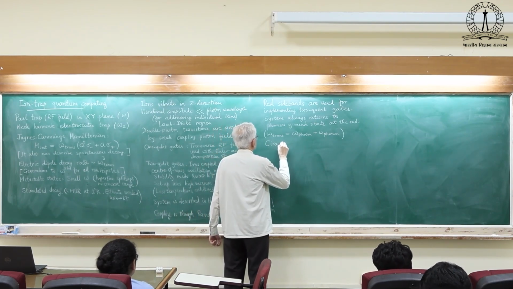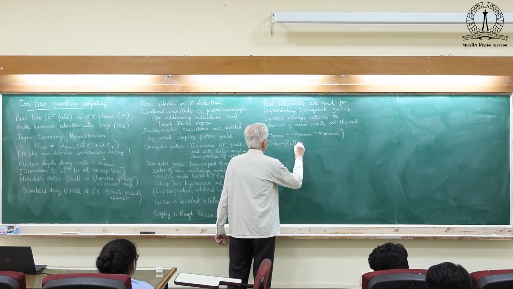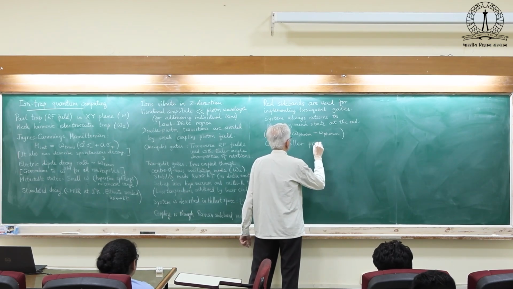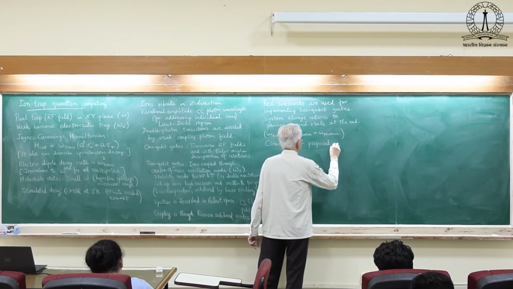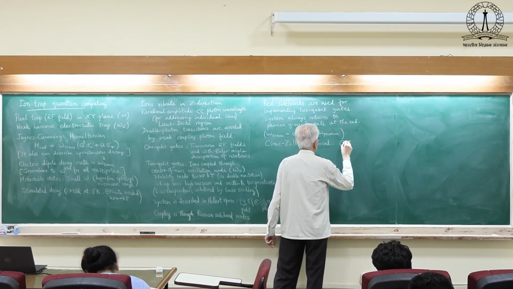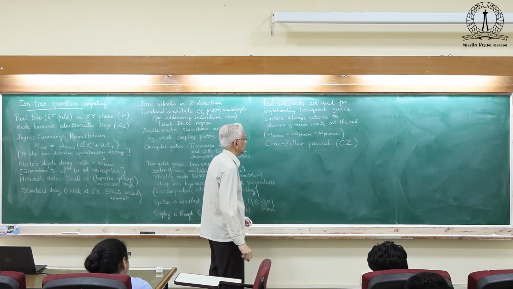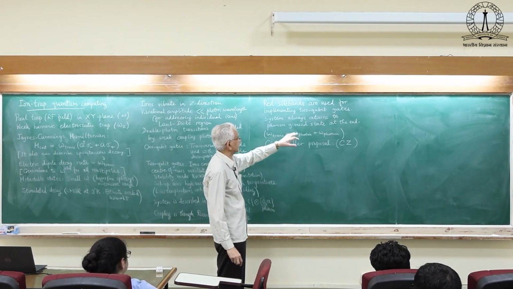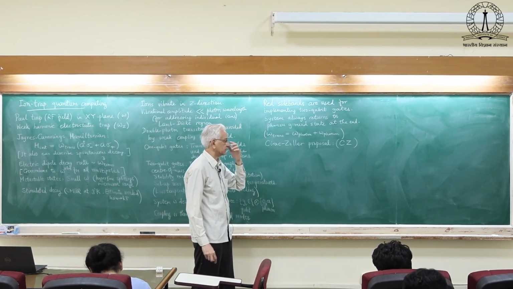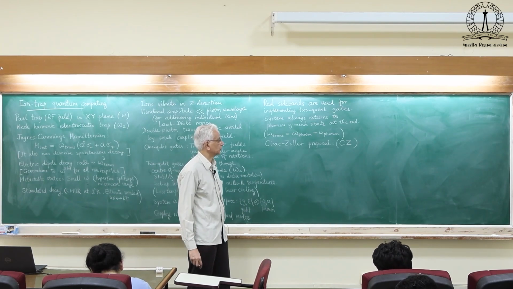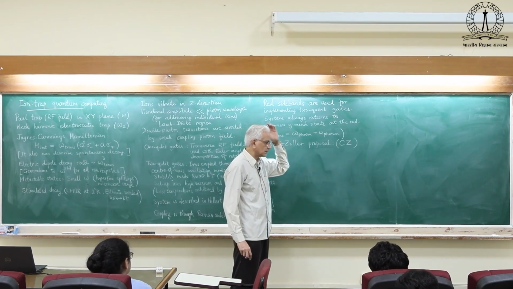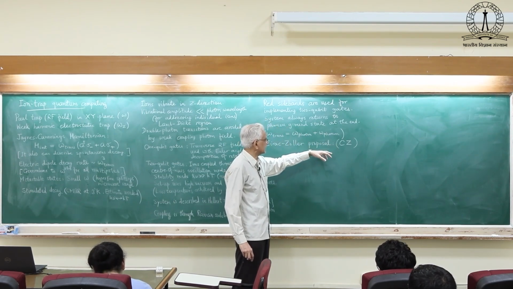So the proposal, which was made first by Cirac and Zoller, implements this control Z gate, in the description I will give soon. So why control Z? Because it's in some sense an easy gate to implement.